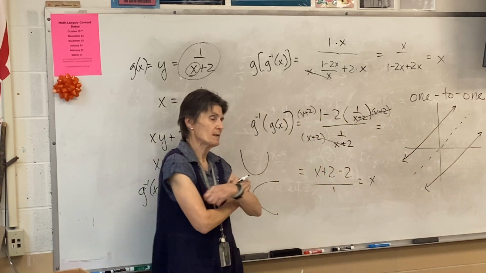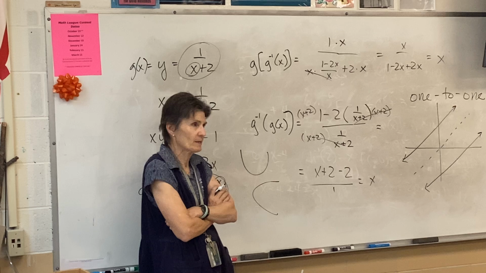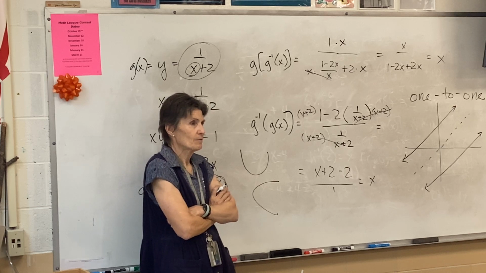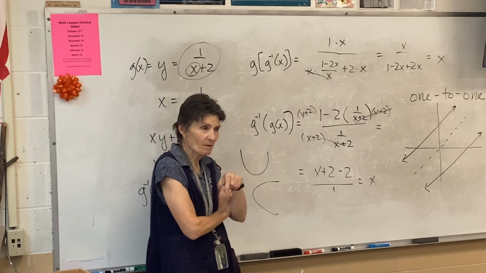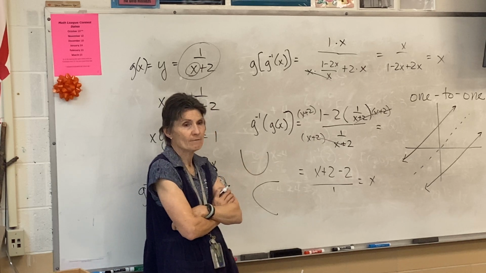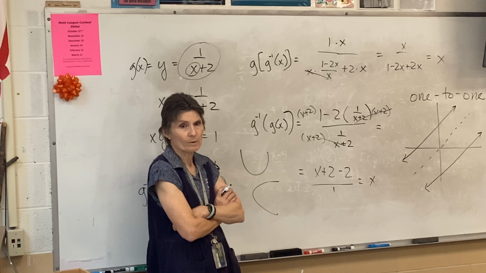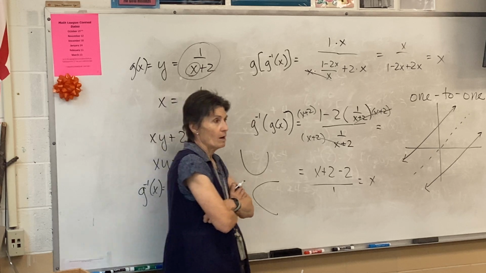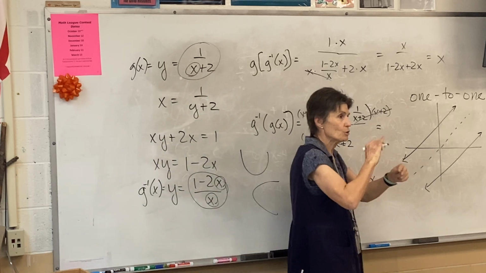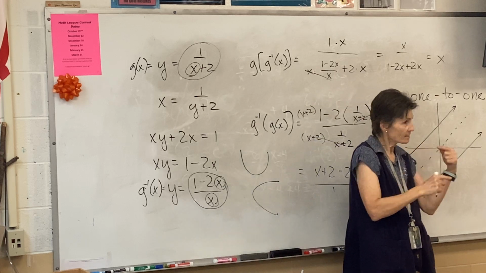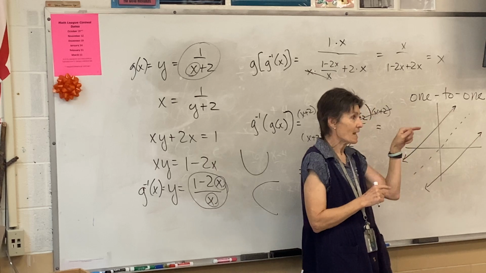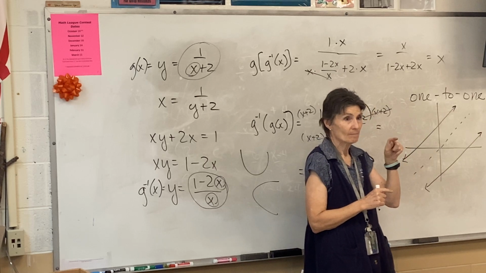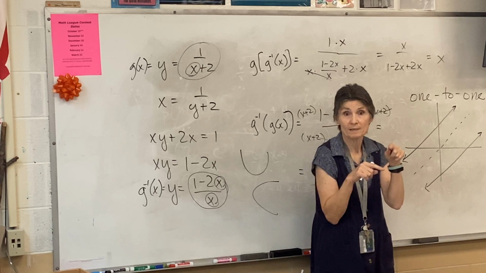Can someone explain that vocabulary? It makes perfectly good sense. Think about that for a second. What does it mean to be a function? It means none of your x's repeat. How do you find an inverse? You switch the x's and y's, right? So if none of the x's repeated in the original, then none of the y's will repeat in the new one.